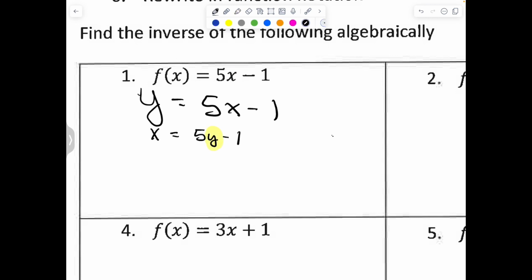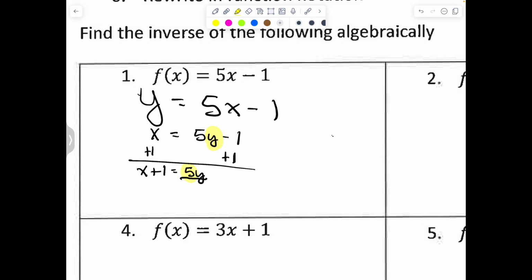I always start by getting rid of what's not attached to the variable. And what's not attached to this variable is minus 1. So we're going to do the opposite operation to get rid of minus 1, which would be to add 1. So we get x plus 1 is equal to 5y. To get y by itself, we now have to get rid of 5.